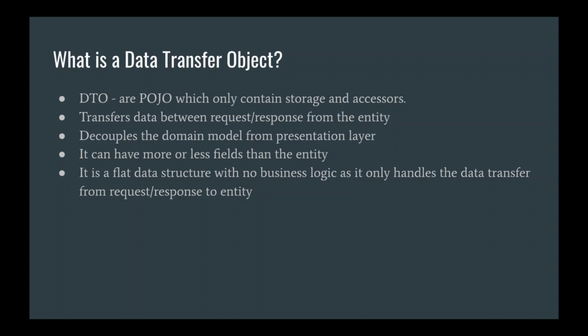So the DTO is a flat data structure with no business logic, as it only handles the data transfer from request or response to the entity. This could be you retrieving data from a request, or you persisting data into a database.